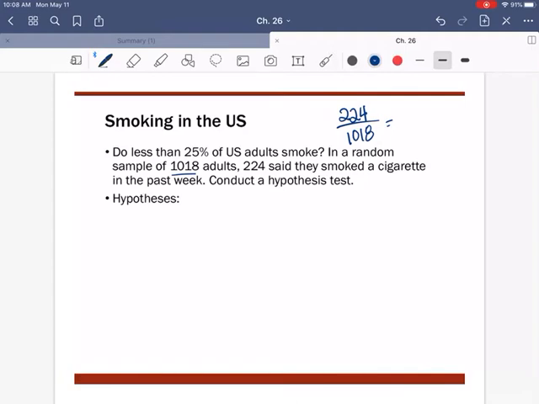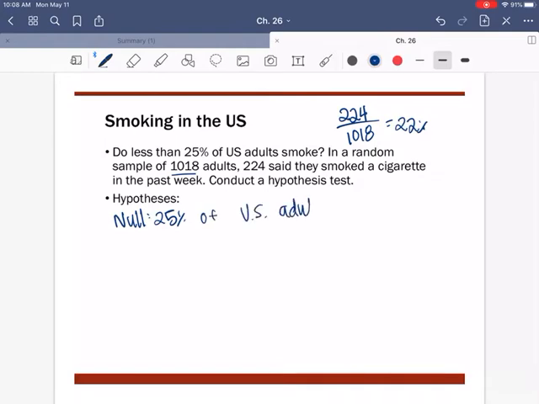Oh, I missed a 2 when I typed that in. 22%. Okay, so it looks like less than. We just need to decide if that 3% is big enough that we can conclude it actually is less than.